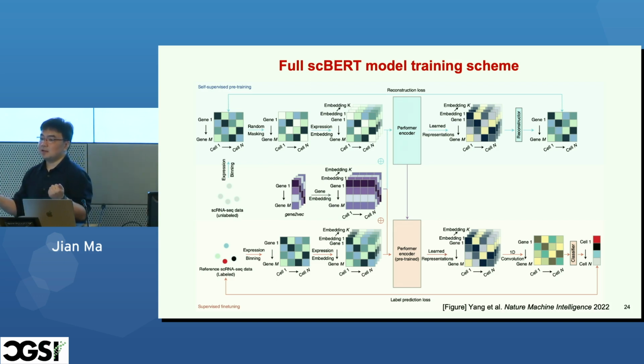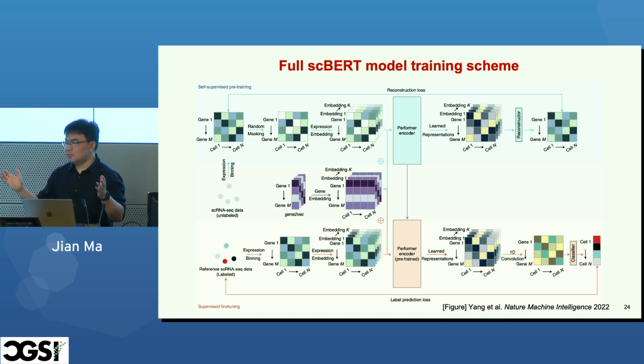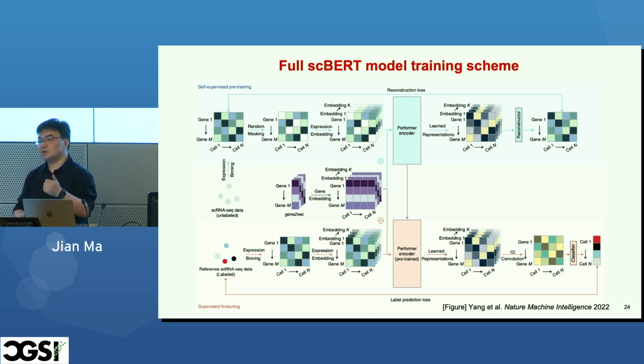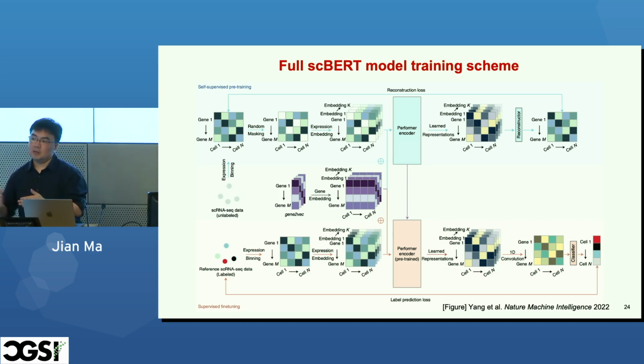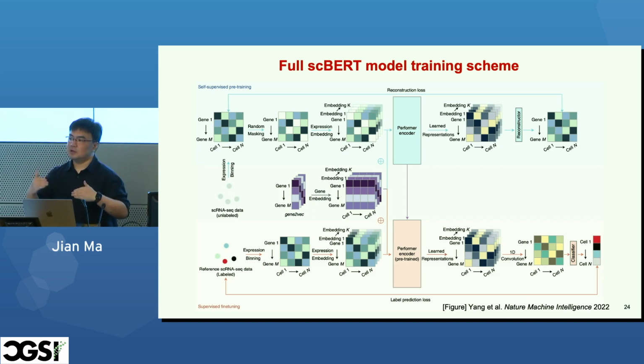How do you capture that? There were many methods like that. You try to represent a gene with an embedding according to co-expression or its position in a complex gene regulatory network. So the authors used a previous method called gene2vec, basically turning a gene into a vector, an embedding, by incorporating gene-gene interactions in many different biological contexts.